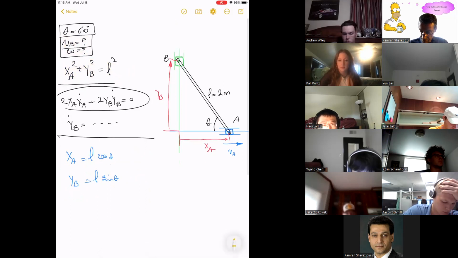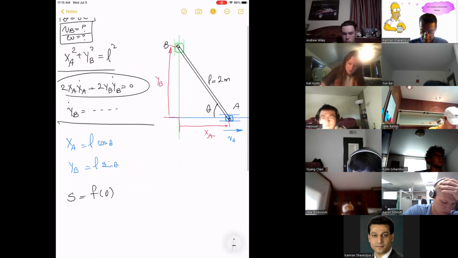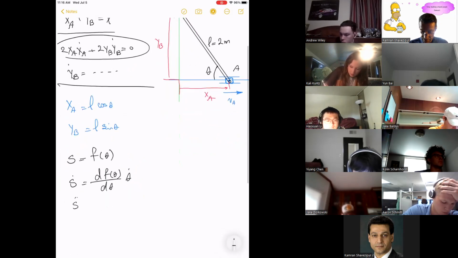You remember in the previous slide, I said you find S as a function of theta, and then S dot becomes df d theta, theta dot, and then S double dot. You continue the same way.